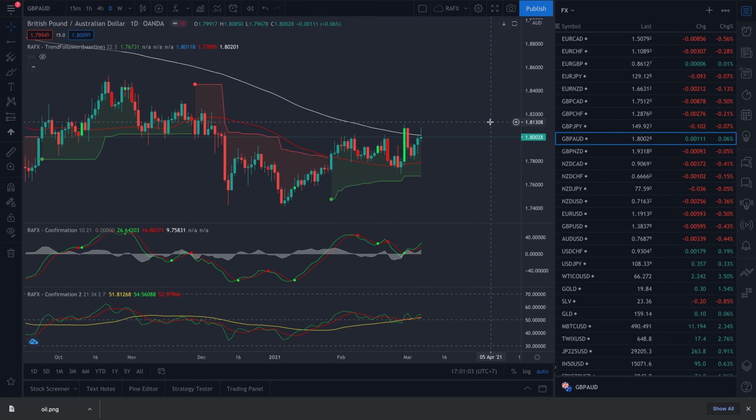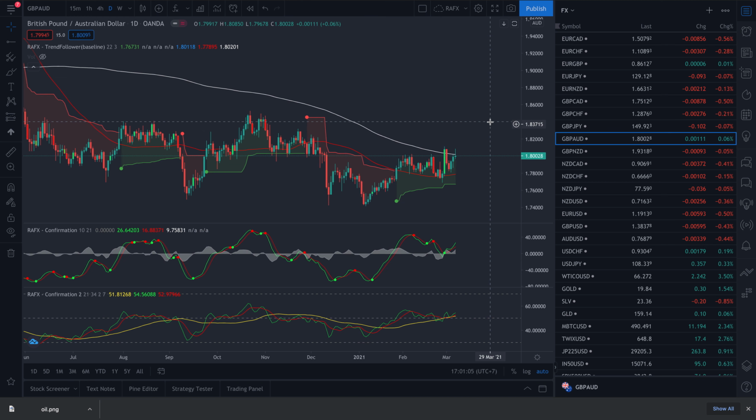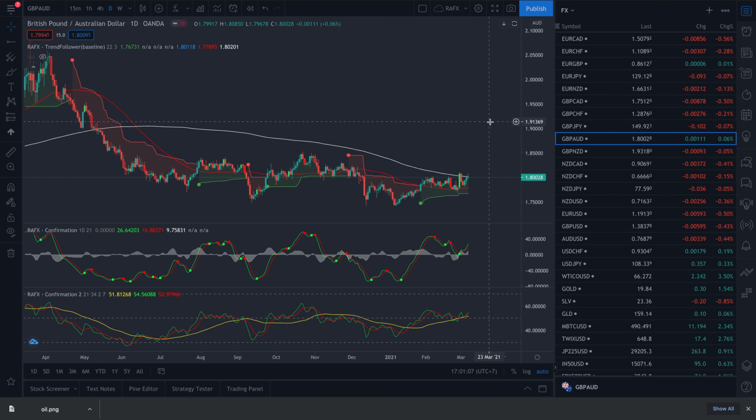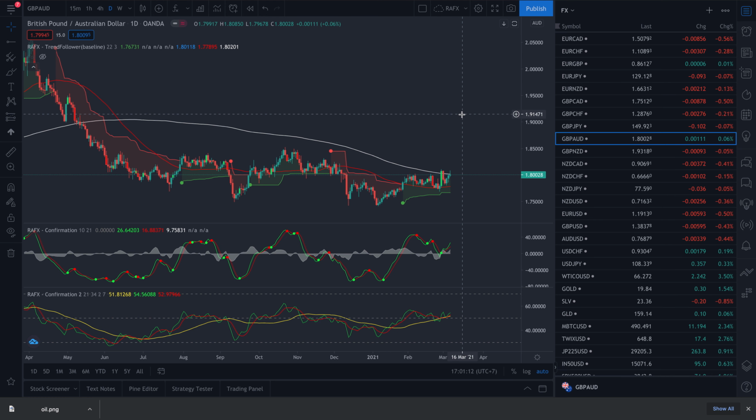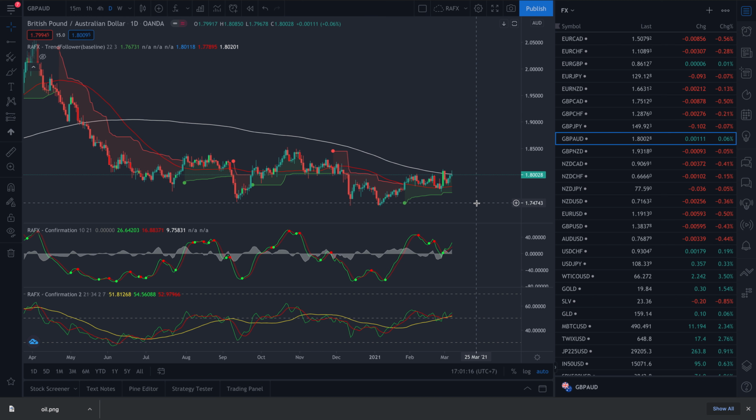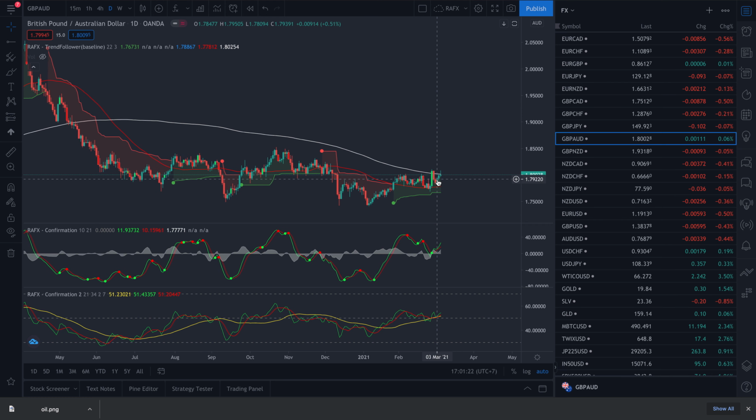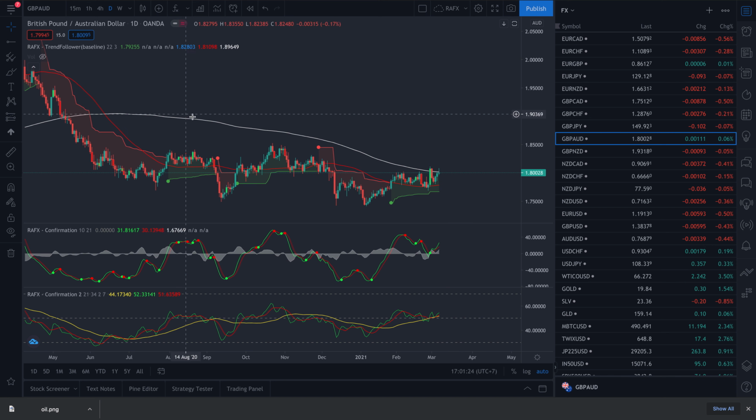Next is GBP AUD. Let's see if we can find one. So in here, in the daily time frame, GBP AUD is downtrend, and if you look into it, the price is into the market structure, which is the 200 baseline.